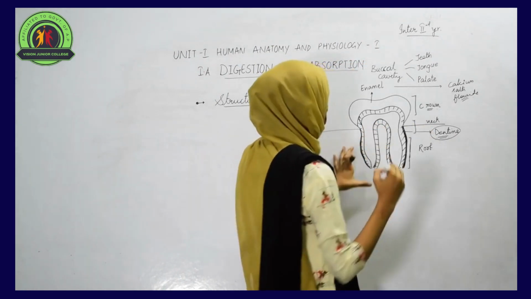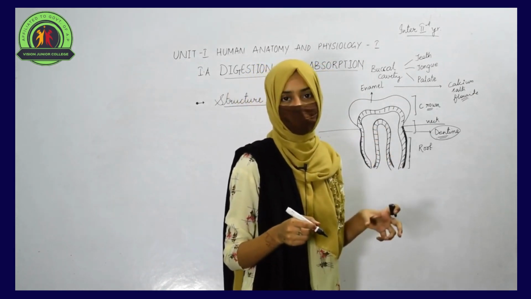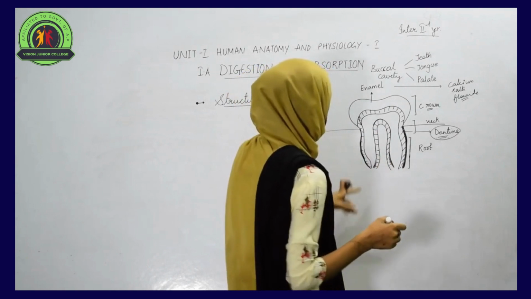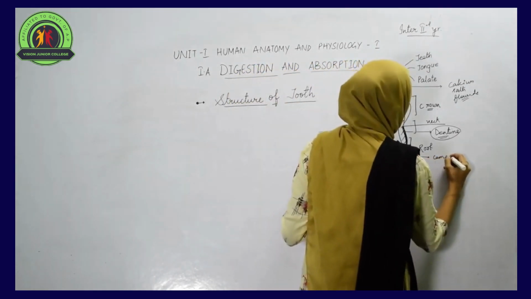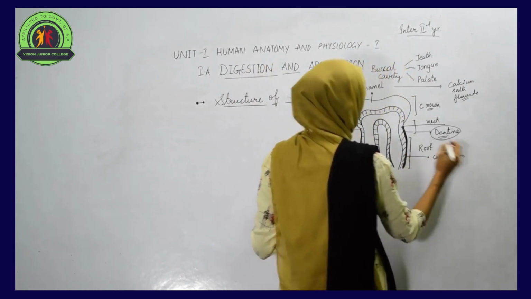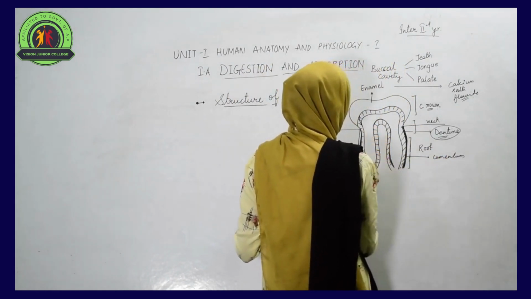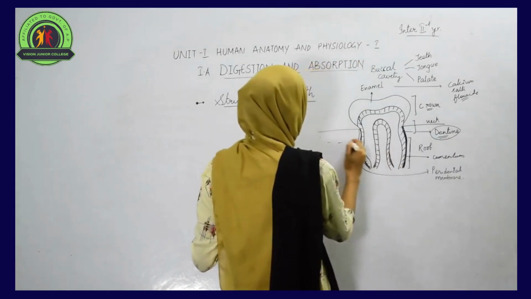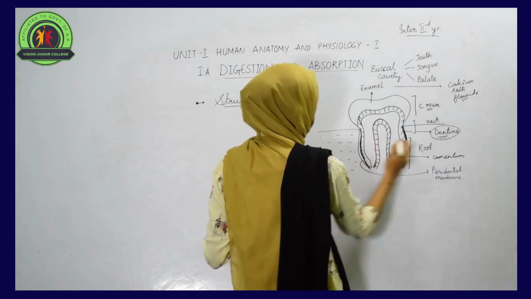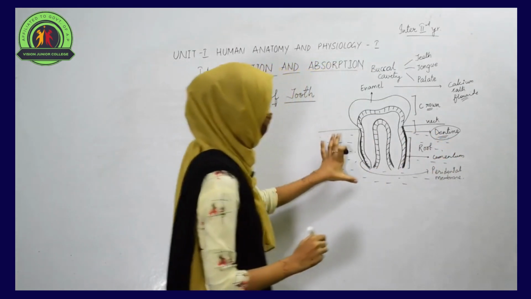This is a substance which allows the tooth to get fixed in the socket of our jawbone. This is called cementum, and over the cementum a layer of membrane is present, called the periodontal membrane. This is the region of our jawbone, and in our jawbone some space is present.